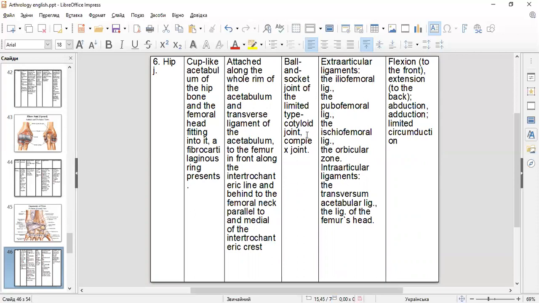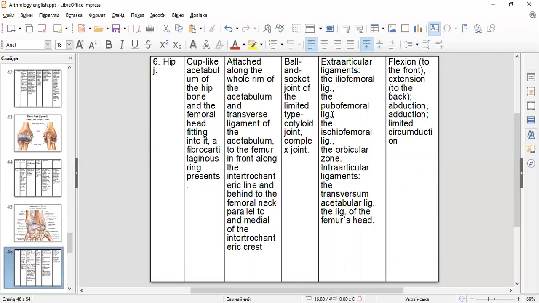Classification: ball and socket joint, cotyloid joint, and simple joint. The hip joint is a simple joint.